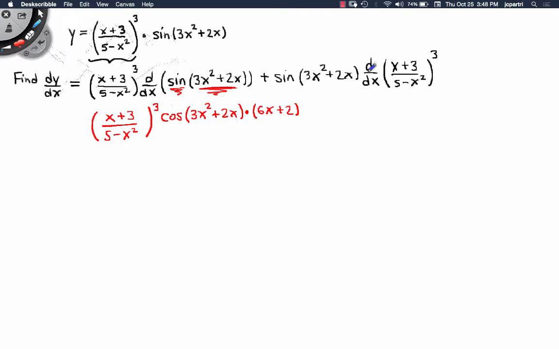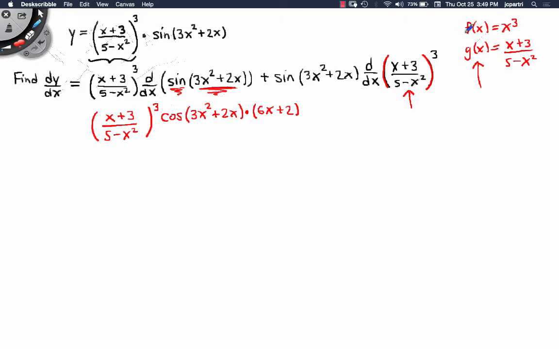Now the outer function here is the whole thing cubed. So the outer function, we'll call that f of x equals x cubed. The inner function is x plus 3 over 5 minus x squared. So when we differentiate this, we're going to need the quotient rule.